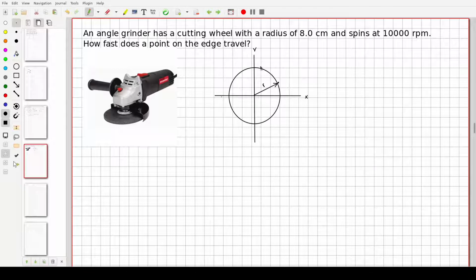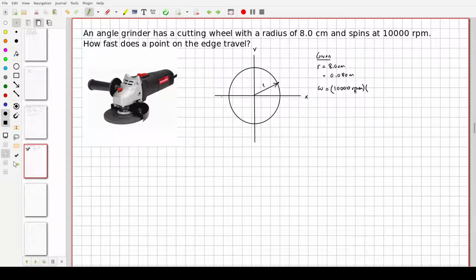Thankfully, we know what the radius here is, right? So if we look at our givens, our radius is 8.0 centimeters, which is 0.080 meters.